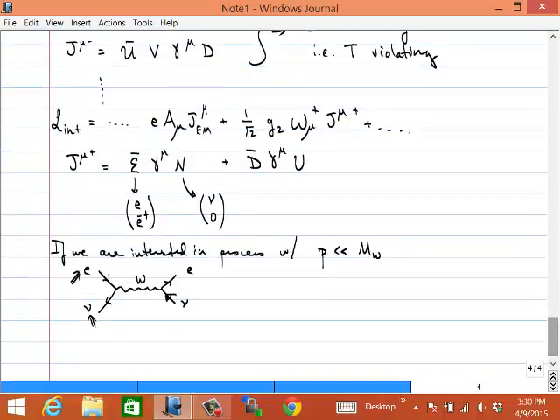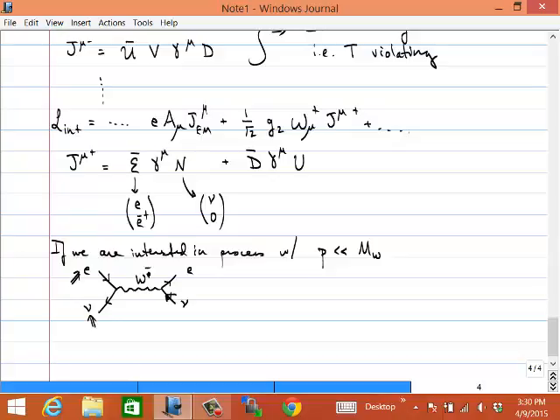You couldn't write down a diagram where a charged particle and an uncharged particle give you a photon. But remember that the W boson carries charge. That's why we put a plus. The W plus carries charge. Or I guess it would be a W minus in this case, if we studied electrons instead of positrons.